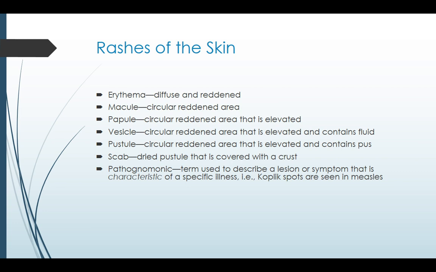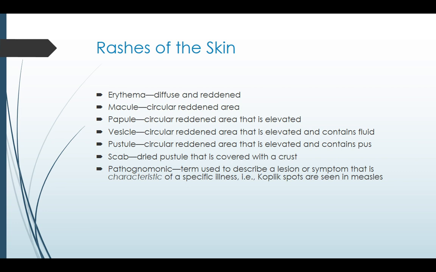Rashes of the skin. There is erythema, which is diffuse and reddened areas. Maculas are circular reddened areas. Papula is circular reddened areas that are elevated. Vesicles, circular reddened areas that are elevated and contain fluid.